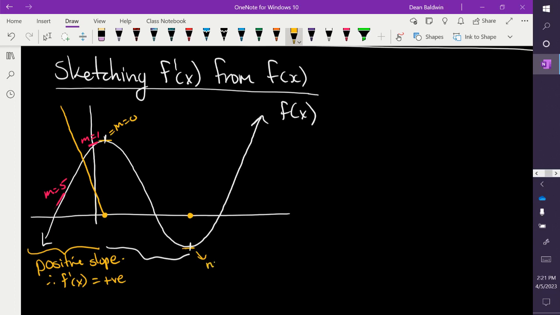The slope here is m is equal to 0, right? So they're all negative, and they have to start at 0 and end at 0. It has to start there, which is where we are, and it has to end there, right? So it's got to curve back like that. It has to go through those 2 points.